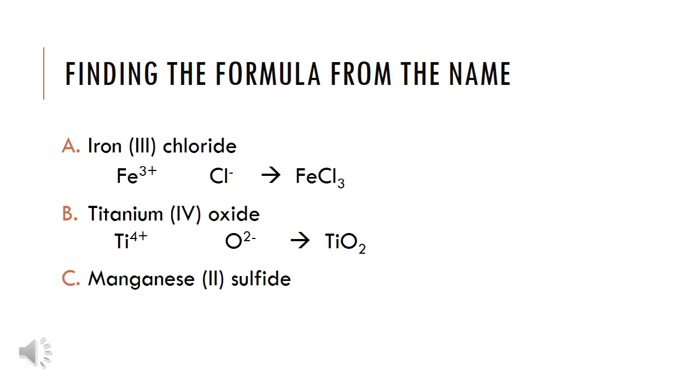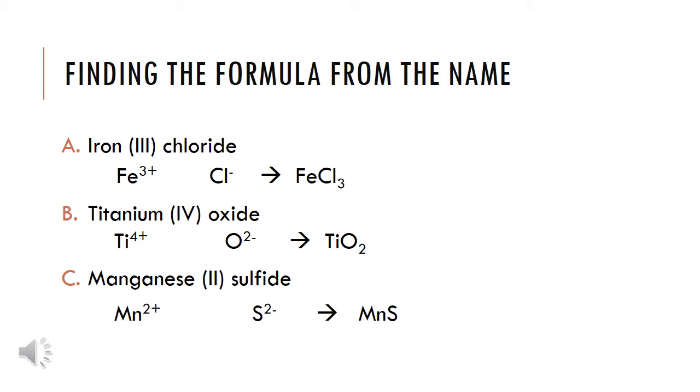Okay, I want you to try to do this last one on your own first. So manganese 2 sulfide. So look at what the element is. The Roman numeral tells you the charge, and then look at what the anion is and figure out what the root element is. So take a minute and see if you can solve this one on your own. Okay, do you think you got it? So manganese, the 2 is telling us that manganese has a 2+ charge.